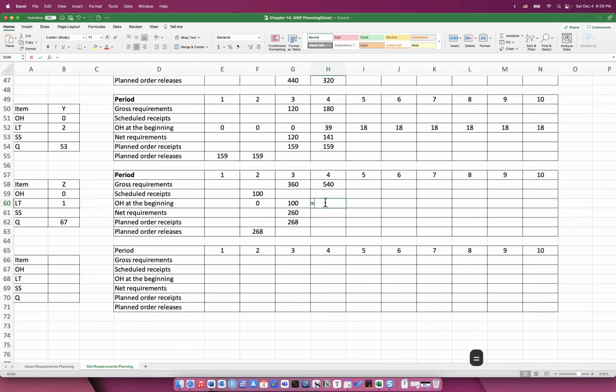So it's going to be the difference between the amount of order received and the amount you actually needed. And here, at the beginning you had 8, and your net requirement is a difference between, so you need 532.